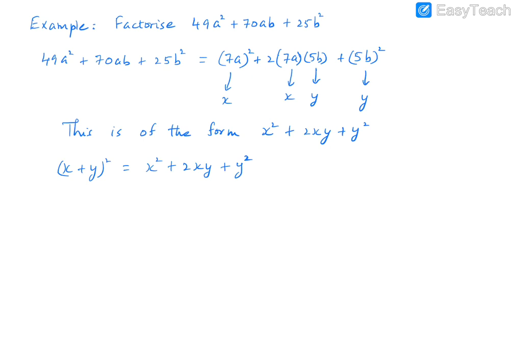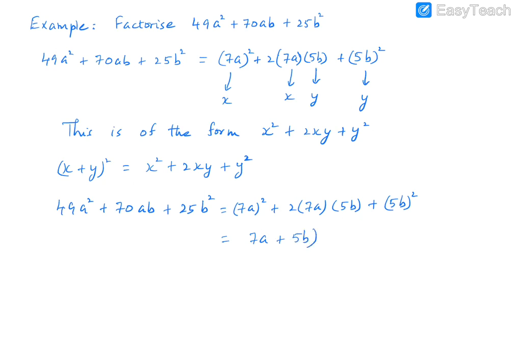So therefore we can write our 49a square plus 70ab plus 25b square, which is 7a the whole square plus 2 into 7a into 5b plus 5b the whole square, as x plus y the whole square. In this case, x is 7a and y is 5b.